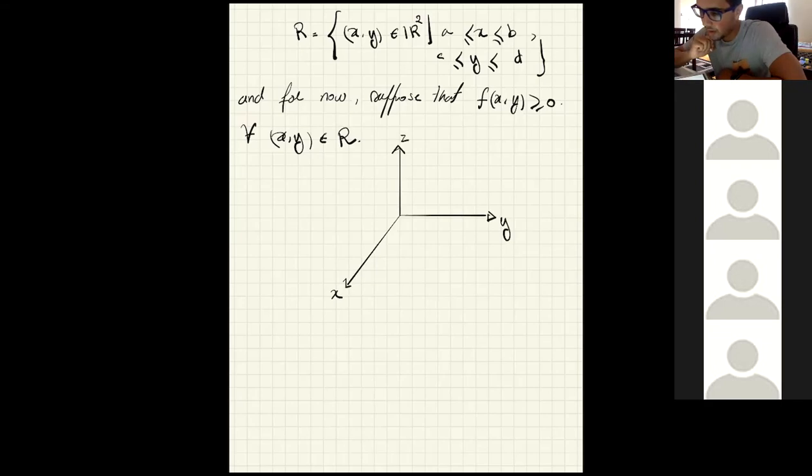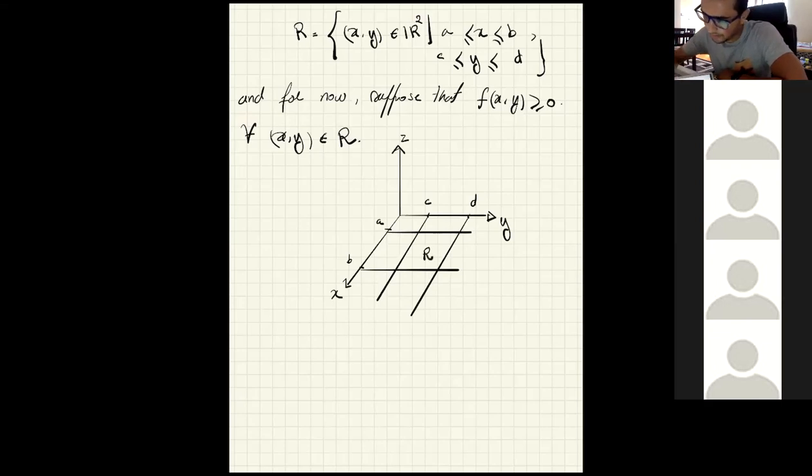We have an interval from a to b, and an interval from c to d, and that's the rectangle. This is our rectangle R.